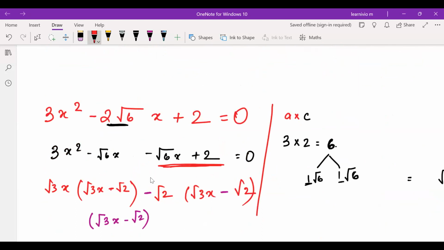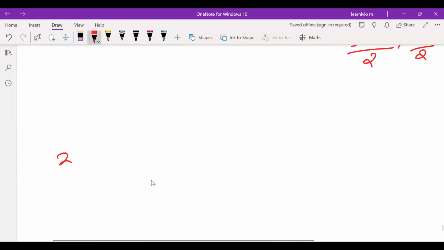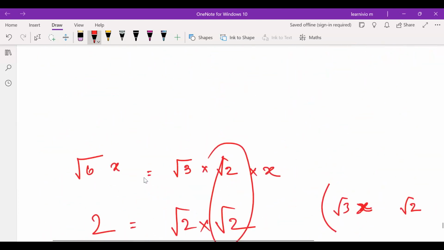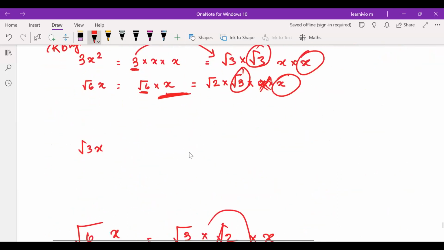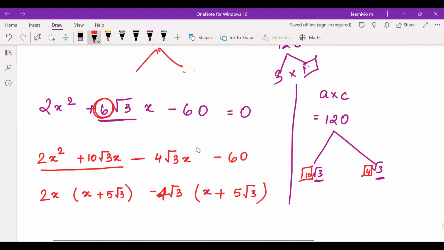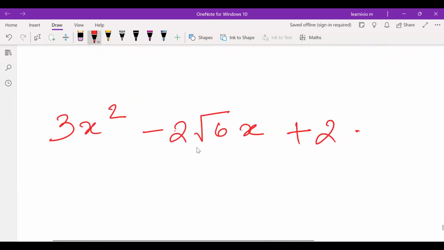Let's use the formula for this one: 3x square minus 2 root 6 x plus 2 is equal to 0. Are you there, Zoha? Yeah, I'm here.